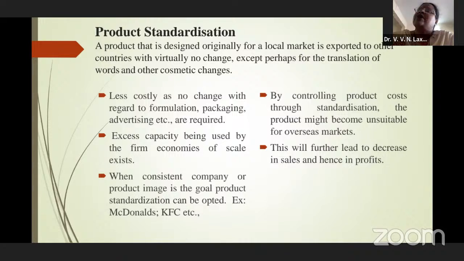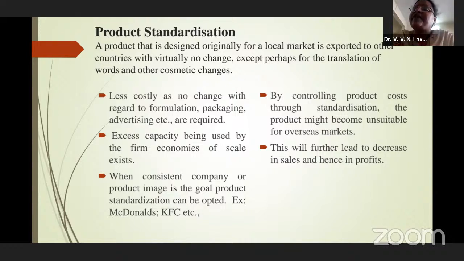Now the question before a company is, should this product be sold in the same way, that is the same product without any modifications, in the international markets, or is there a need to bring in changes in the product, its design, its technology, its specifications and standards, let it be a good or a service, looking at the demands of the customers in the overseas markets?